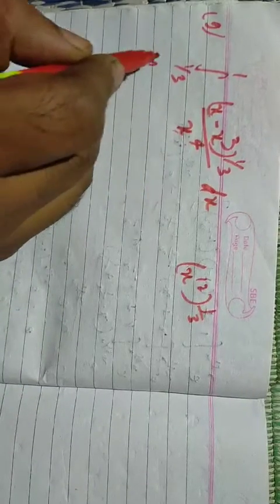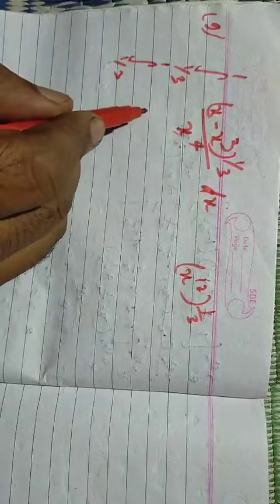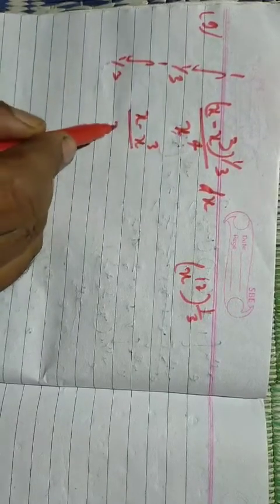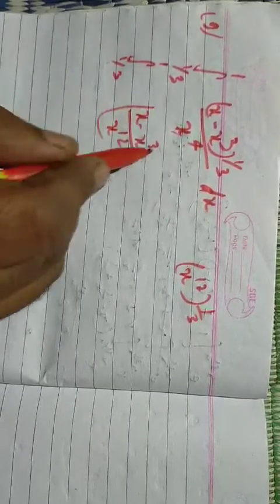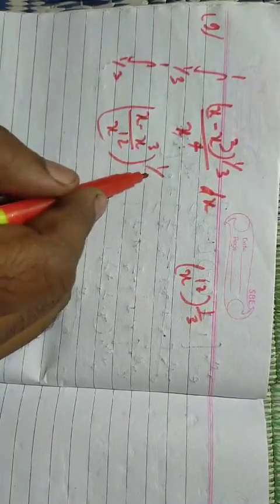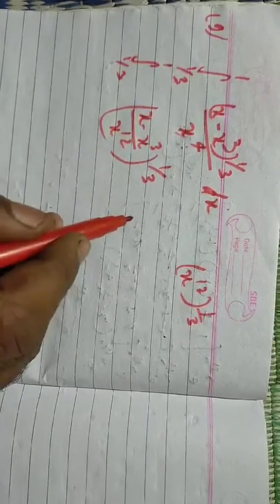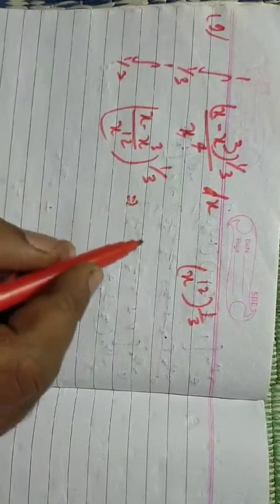So same thing I will do it. Limit 1 by 3 to 1, x minus x cube, now it is x to the power 12 whole to the power 1 by 3. Now inside only I will divide by x to the power 12.